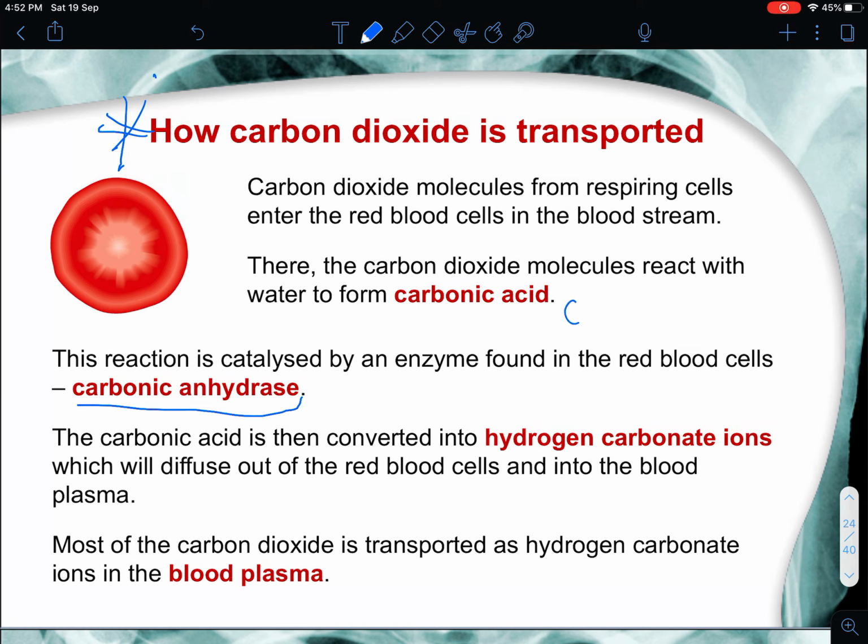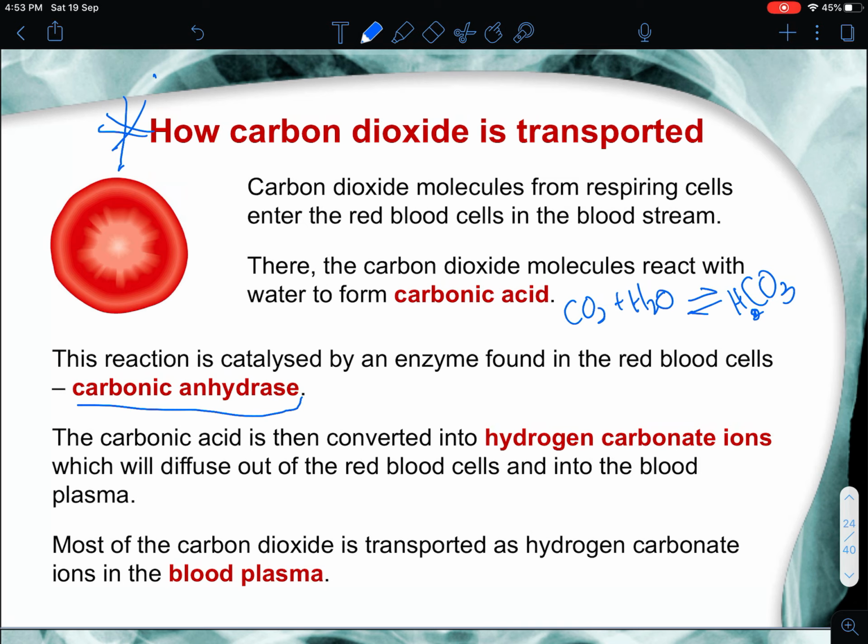So while CO2 reacts with H2O to form carbonic acid, which is H2CO3, this reaction generally is catalyzed by the enzyme in red blood cells, which is carbonic anhydrase.